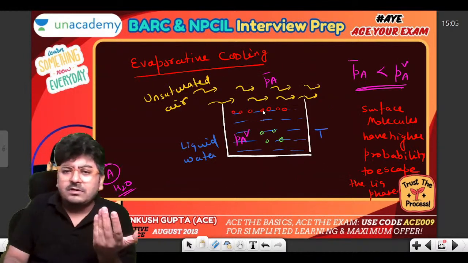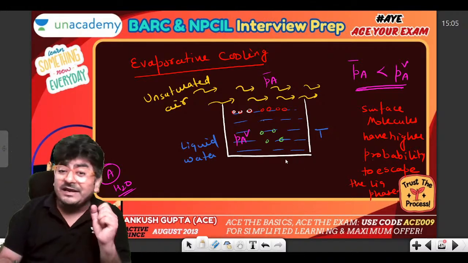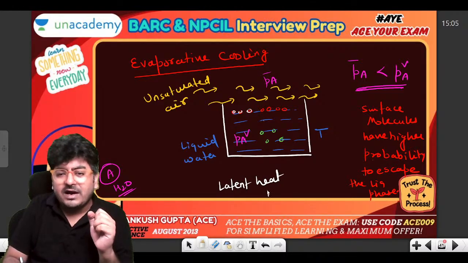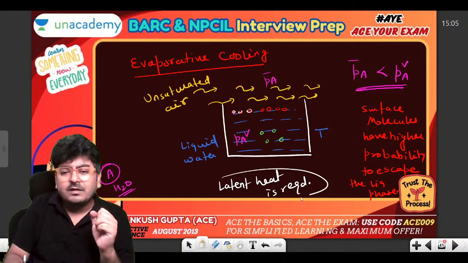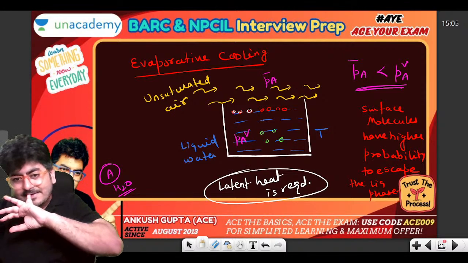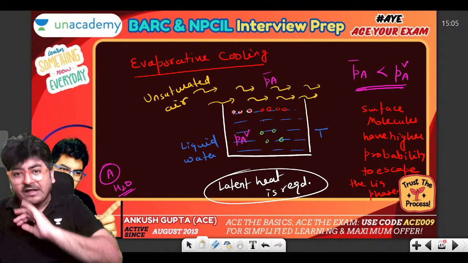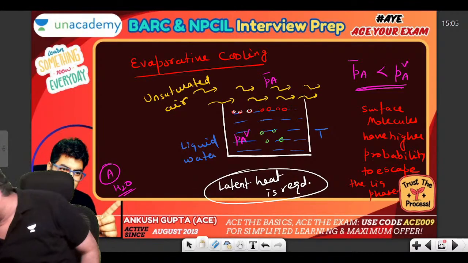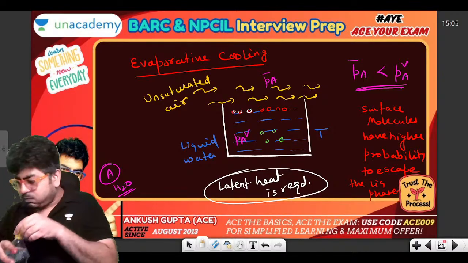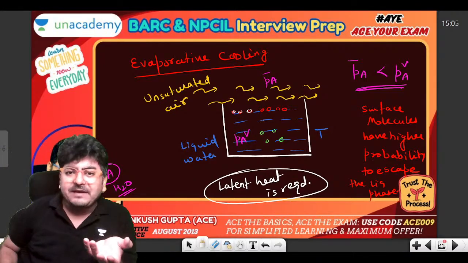Now understand, if these molecules are vaporizing, what do they need? They need latent heat of vaporization. Latent heat is required for vaporization. So from where will they get the latent heat? Are we supplying any heat here?